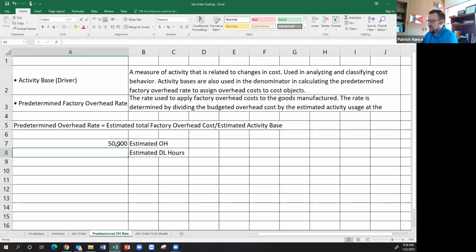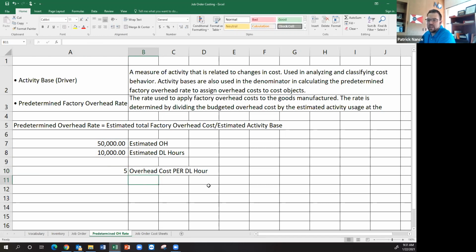So I estimated during that same time frame, let's say this is a month, that I'm going to have 10,000 direct labor hours. So all I'm going to do is divide one by the other and find that I will allocate $5 worth of overhead cost per direct labor hour.